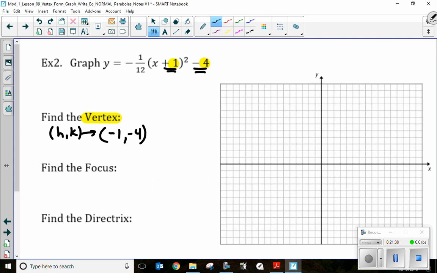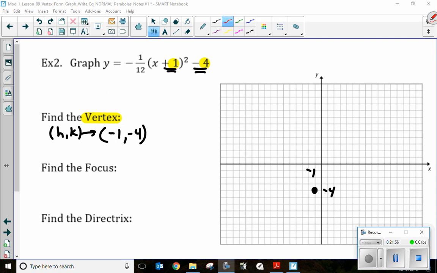There's my vertex done. So I'm going to go to -1 and go 1, 2, 3 to -4 right here. -1, -4. That's my vertex. Simple. Let's find the focus.